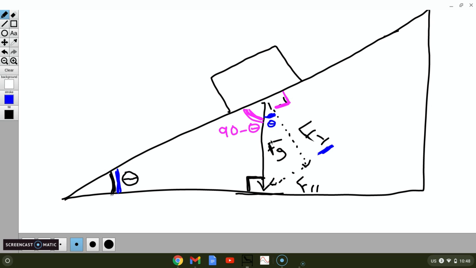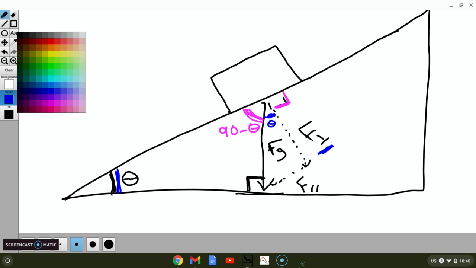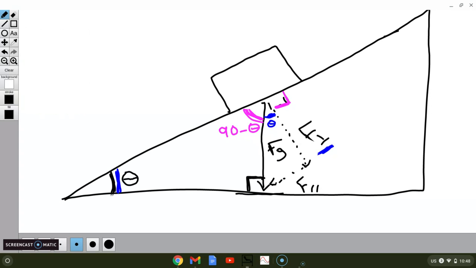Now, in this triangle, keep an eye out on what everything is. The force of gravity is your hypotenuse. The force perpendicular is adjacent, and the parallel component is the opposite. So if we were developing equations for this, if we were going to do some math, we would say that the sine of theta is opposite over hypotenuse.